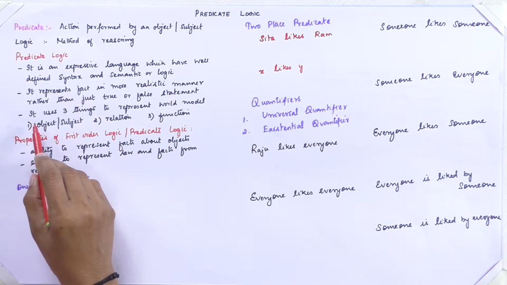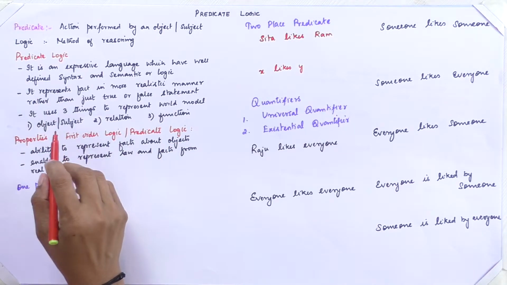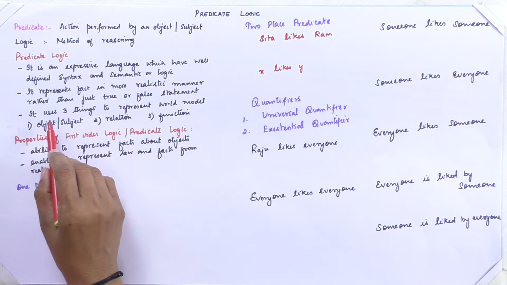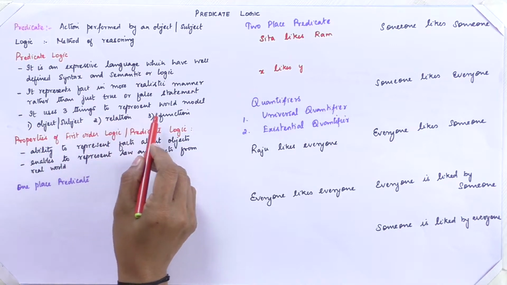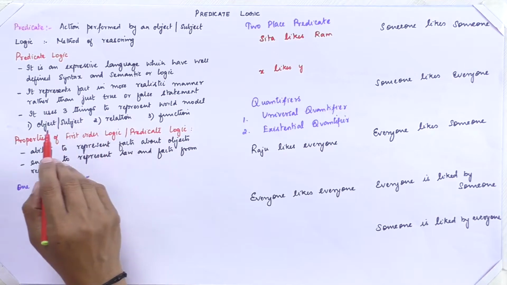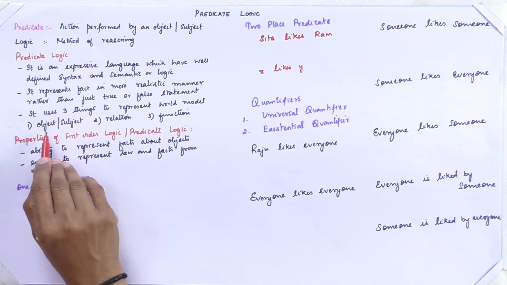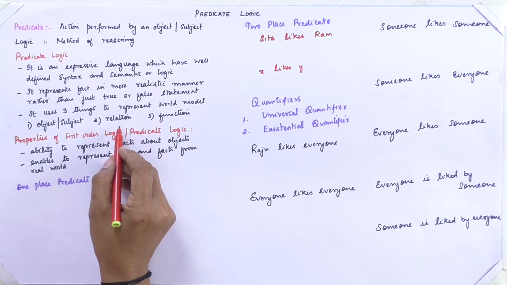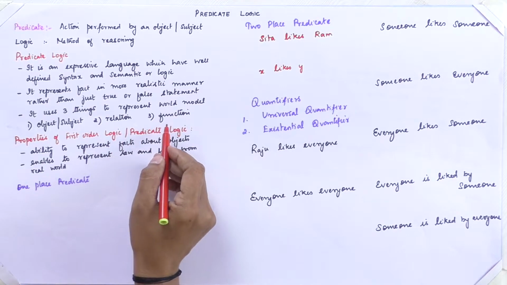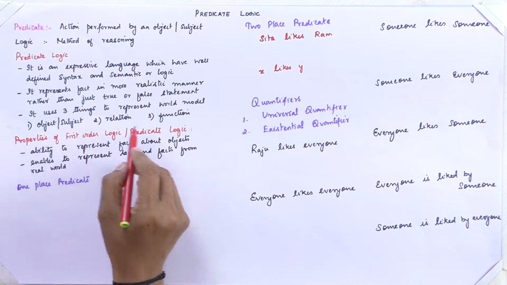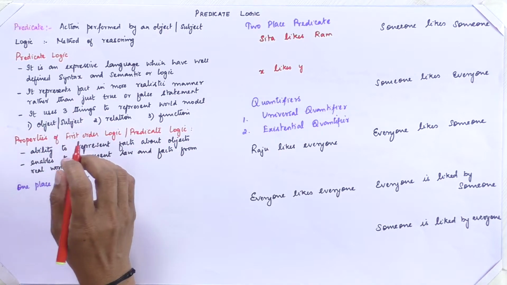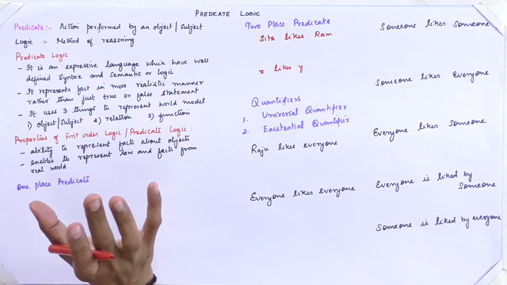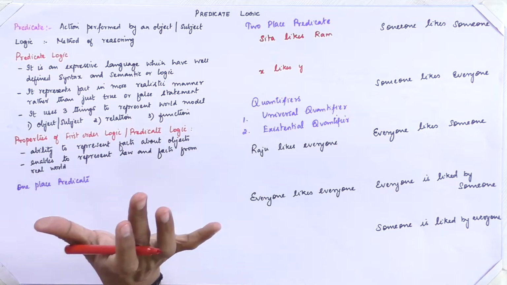The third point of predicate logic is that it uses three things to represent the world model. First, either an object or a subject will definitely be there. Second is the relation, and third is the function. Using these three things, we can find out the predicate term of the given function.